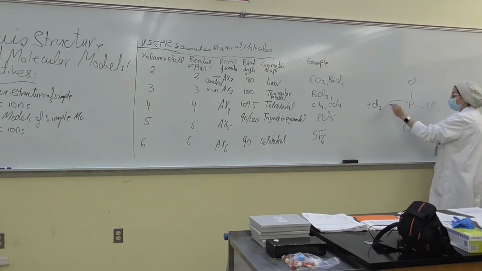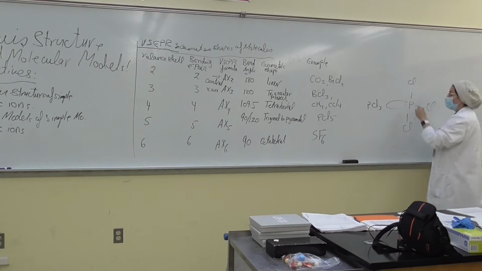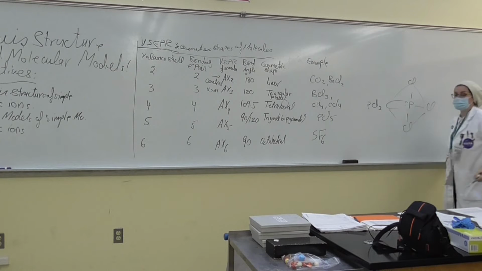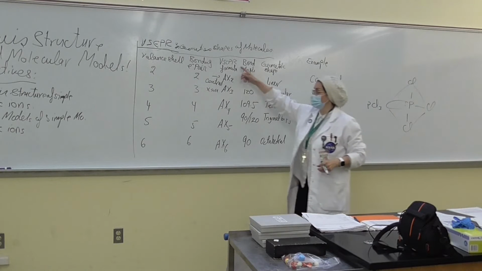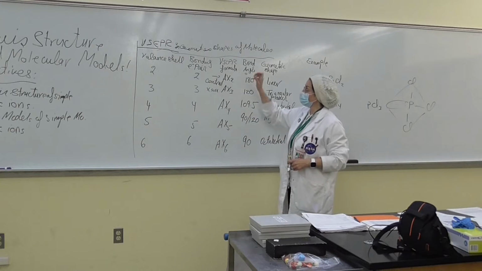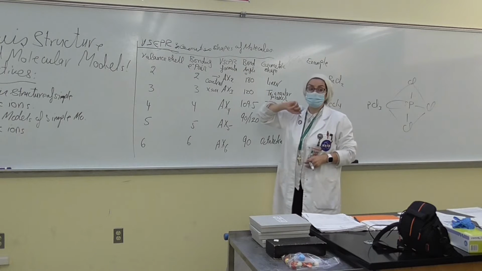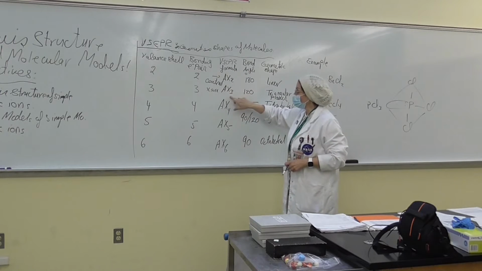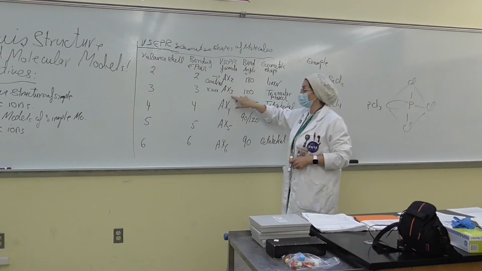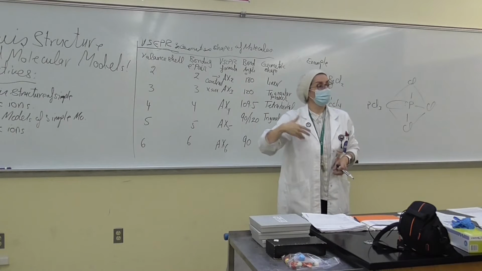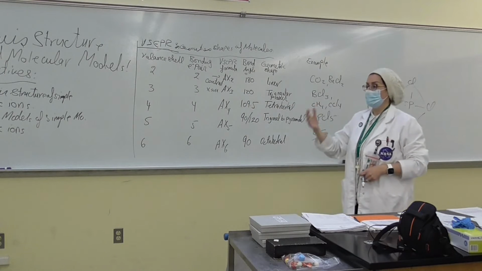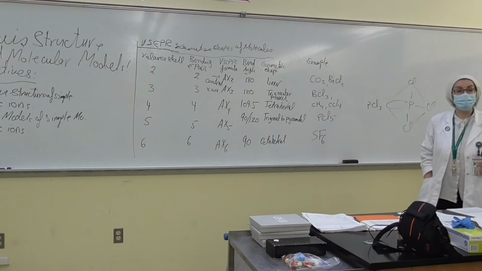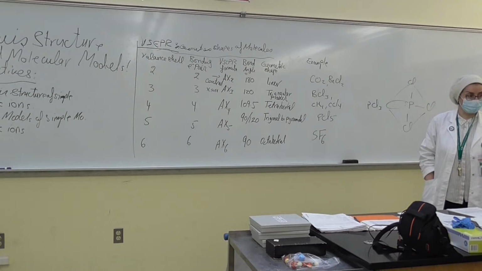If I consider this as the 4th arm, then it is going to look like a tetrahedral, okay? Because this is a standard, the VSEPR formula. But if we remove one of those and replace it with a non-bonded lone pair, the molecular geometry is going to be different.